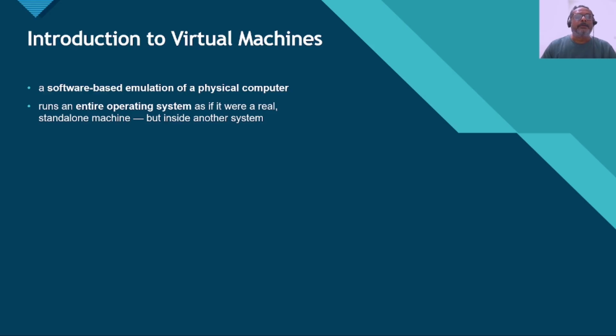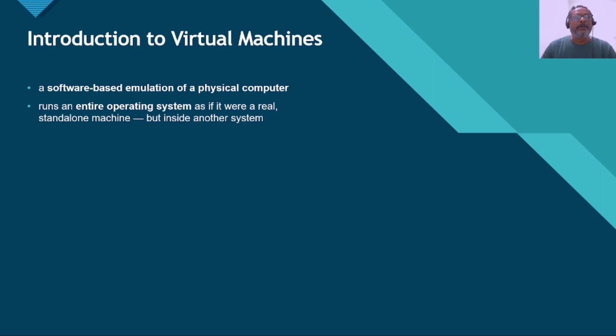It runs an entire operating system as if it is a real standalone machine, but it runs inside another system. So on the hardware there is an operating system, and inside this operating system another operating system will be working.